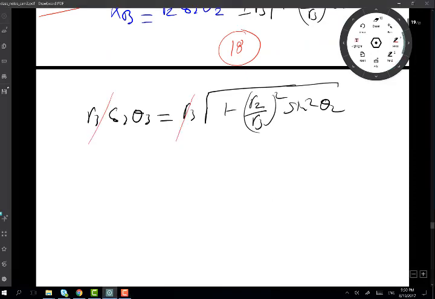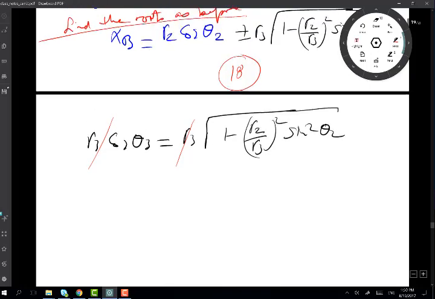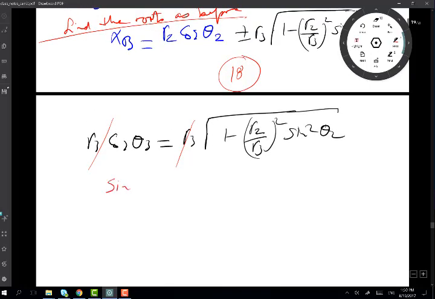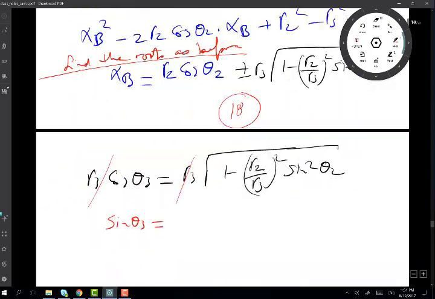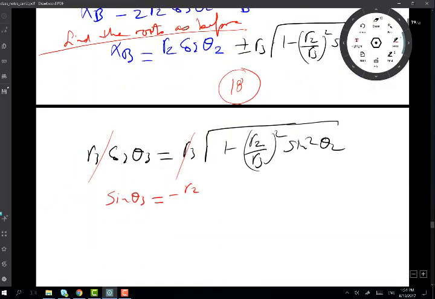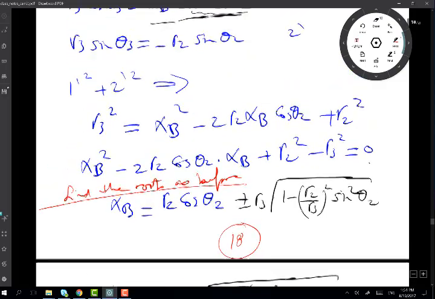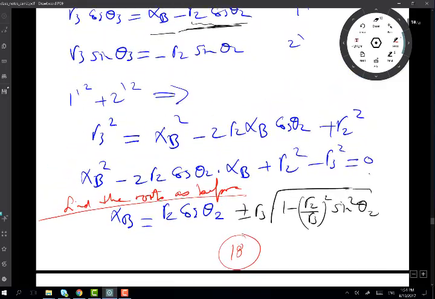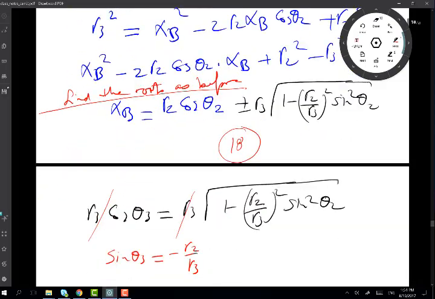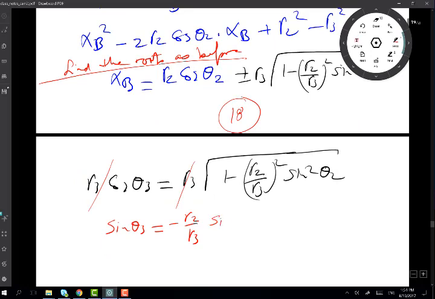So this gives me cosine theta 3, and then I have sine theta 3 equal to minus R2 over R3 sine theta 2. That's what I had previously.